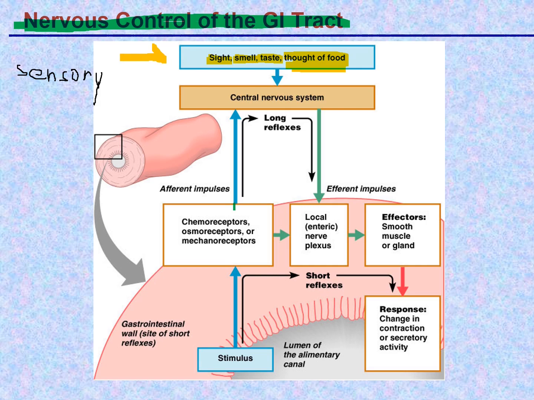In this example, it's from outside the body. In this example, chemical, osmotic, or mechanical sensory information is from inside the body. But it's all sensory information sending signals to the central nervous system, where it always gets processed, and it can trigger outgoing signals to effector organs. And the effector organs are always some kind of muscle or gland.